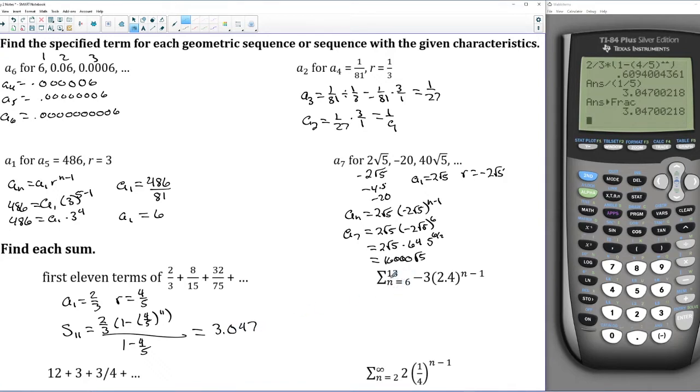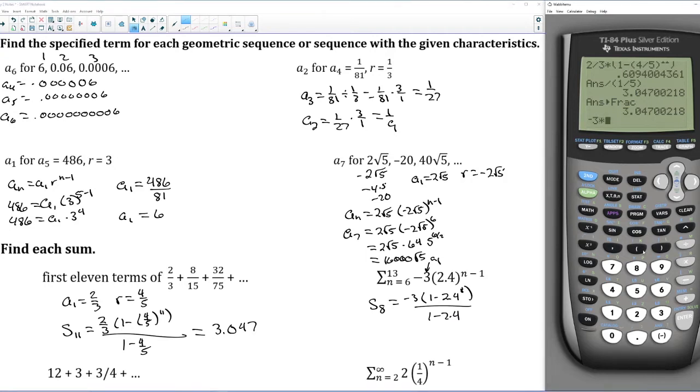We're finding the sum of these terms here, and we're going from 6 to 13. Now, if you take 13 minus 6, that's 7, but there's one more because we're counting 6. So we need S sub 8, which is equal to, here's A sub 1 right there, which is negative 3 times 1 minus 2.4, that's the r, to the 8th over 1 minus 2.4.